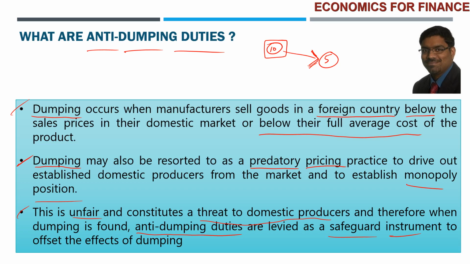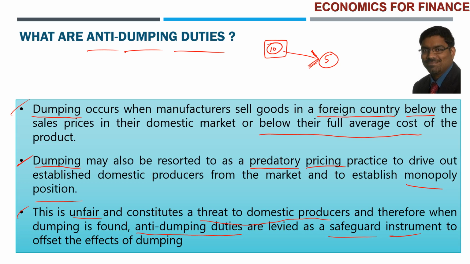So dumping was intended to sell some product at a very low price in another country. So how to offset that objective, how to hamper that objective, what is the defense mechanism for our country or any country for that matter? It is levying a big amount of anti-dumping duty. A lot of countries do this. America does that, China does that, India does that.